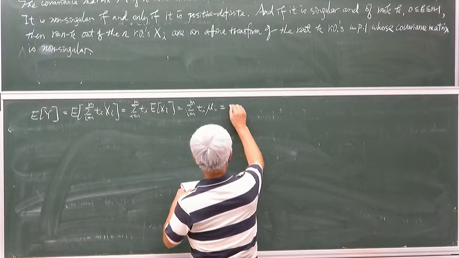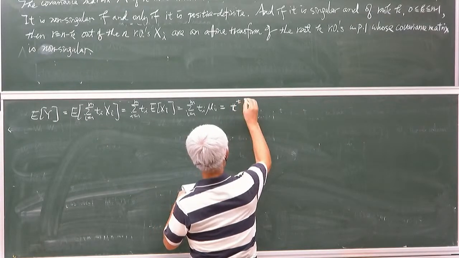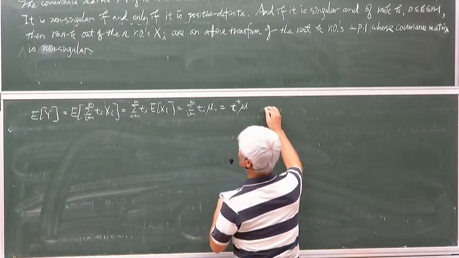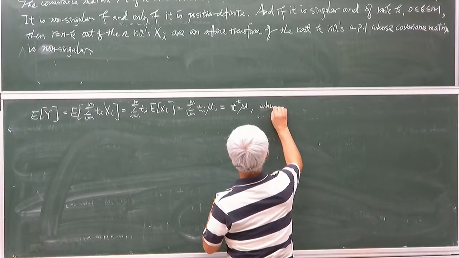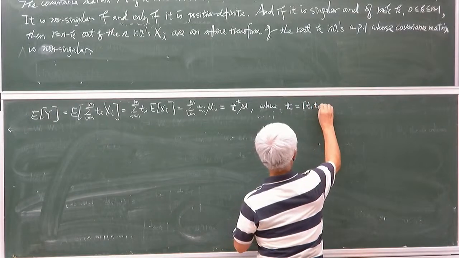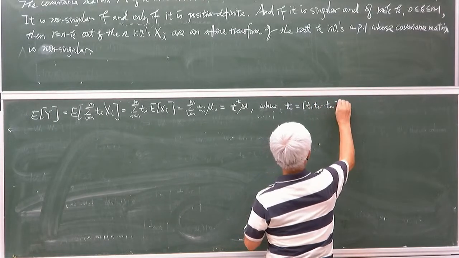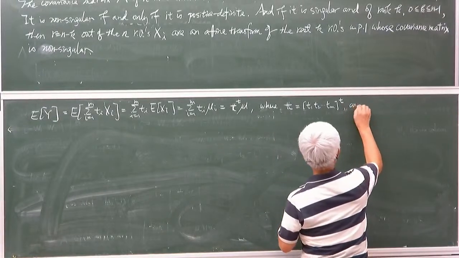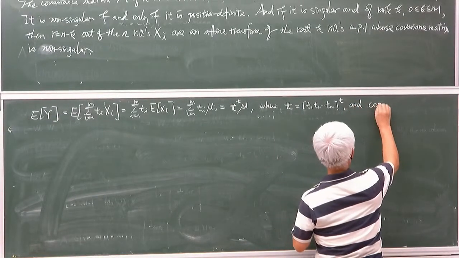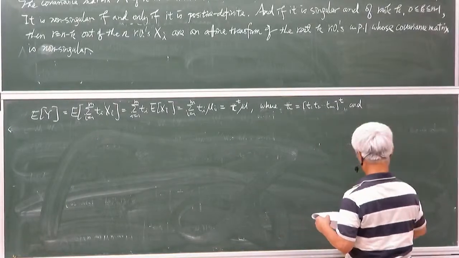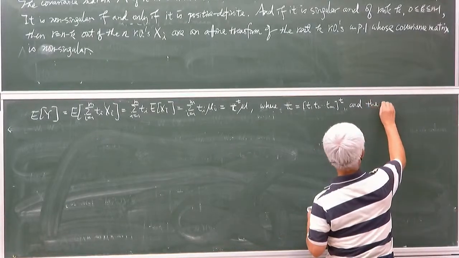We use the transpose of the T vector, where the T vector would be t1, t2 up to tn transpose. And then the covariance and the variance.